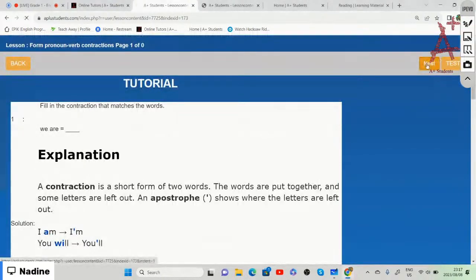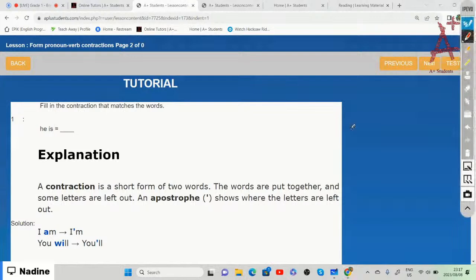All right. We go to the next one, right? He is. If we were to find the contraction or the short form of the two words he is, then it is like saying he's. He, apostrophe.